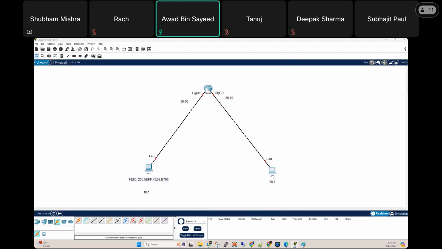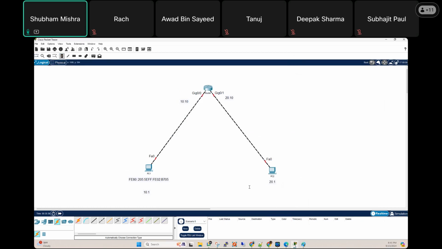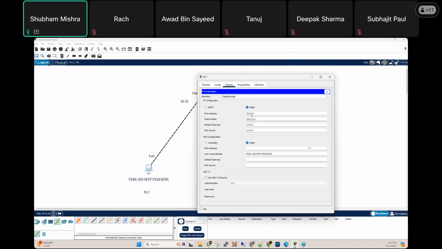Come on PC number 2, desktop. So this is the MAC address for PC number 2. On PC number 1, we already assigned IP address 10.0.0.1 and the subnet mask. Now we are going to assign the default gateway, that is 10.0.0.10. That's all. Clear?